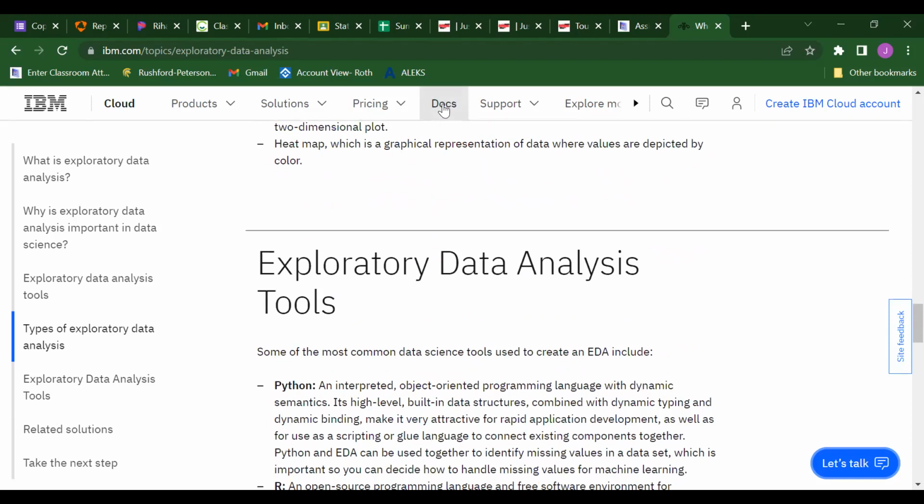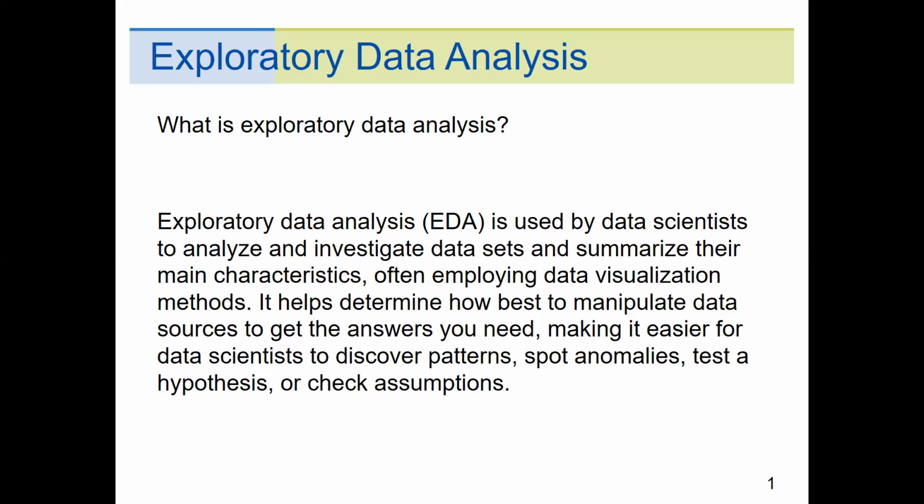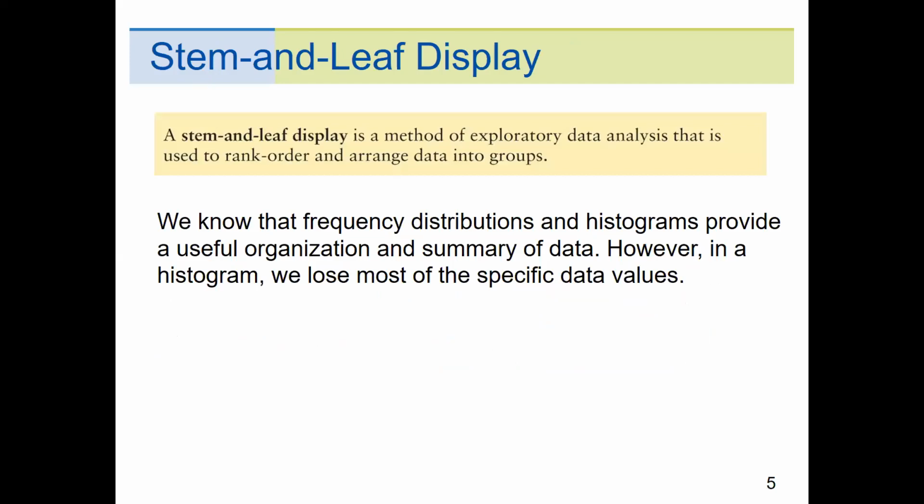We're not going to get into more of this website, at least not for right now, but that's kind of some basics. For today, we're really just going to focus on stem and leaf plots, which are pretty simple plots to make. A stem and leaf display is a method of exploratory data analysis that is used to rank, order, and arrange data into groups. We know yesterday we did frequency distributions, which was just a frequency table. We created histograms to represent those frequencies.